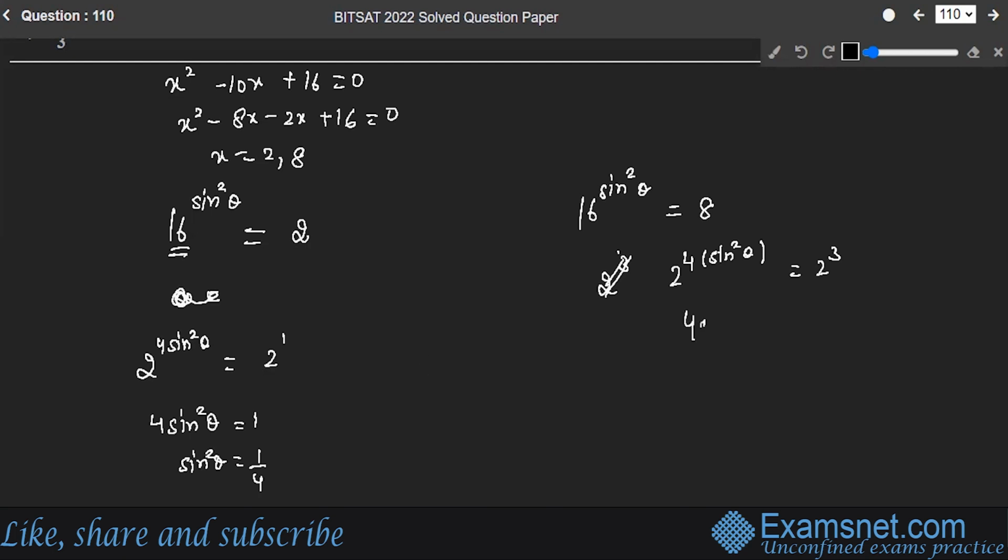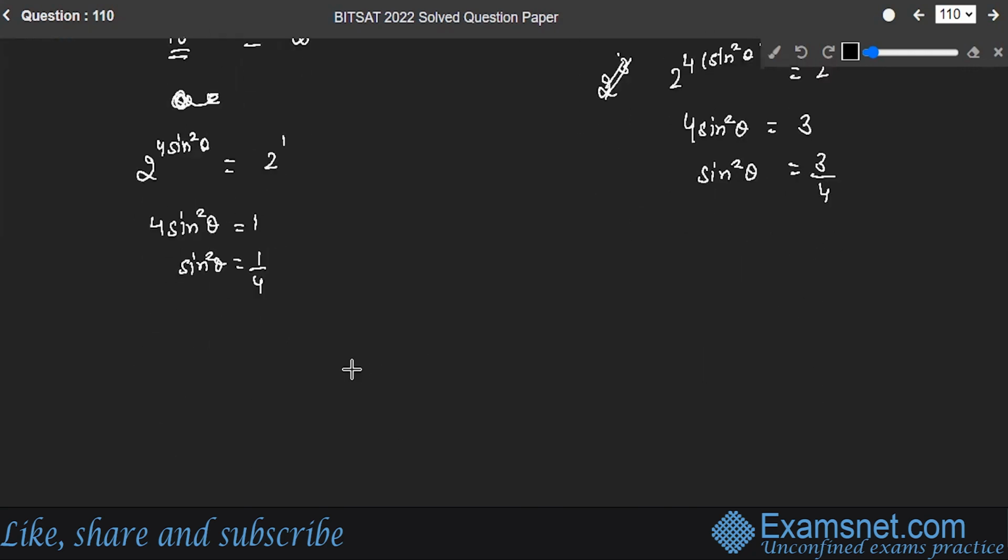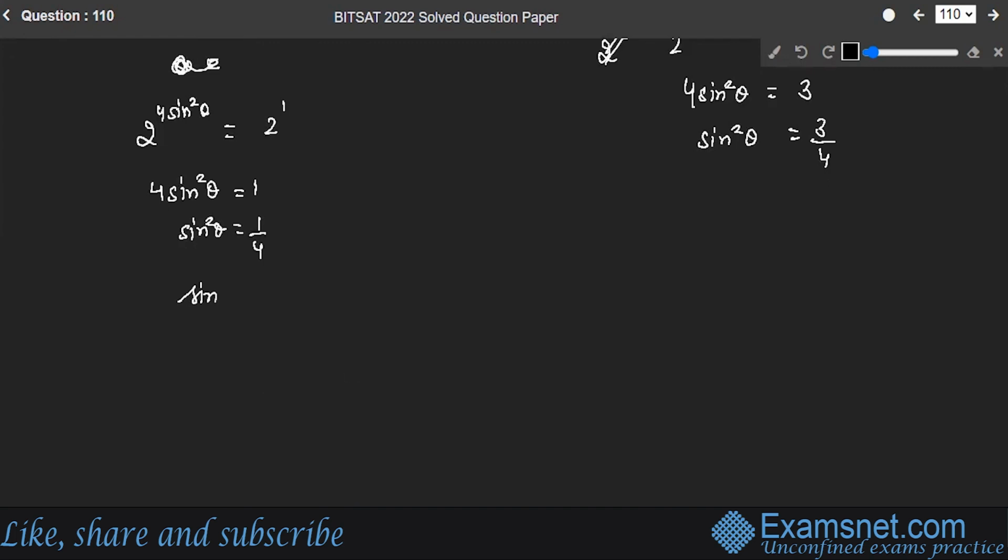And here you have 4 sine square theta is equal to 3, or sine square theta is equal to 3 by 4. So the two possible values for sine theta are plus minus 1 by 2, and plus minus root 3 by 2. And that means theta can be equal to pi by 6 or pi by 3.